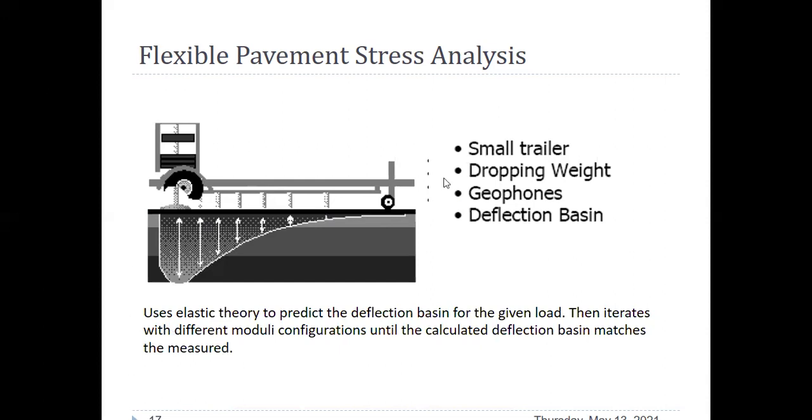So we use this method in knowing the elasticity modulus, especially for a flexible pavement. And this is one example of how we do it. This is the falling weight deflectometer concept, in which, using the geophones, the dropping weight and the deflection basin, we get the deflection, then they are reported, the stresses and strain are measured, and the resultant elasticity modulus is obtained.